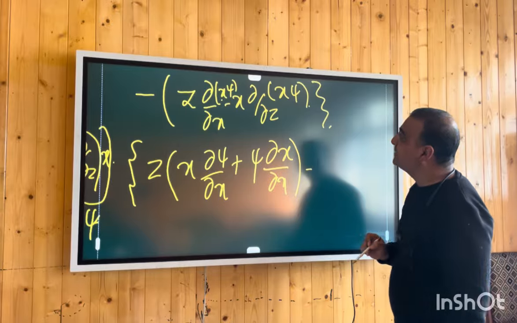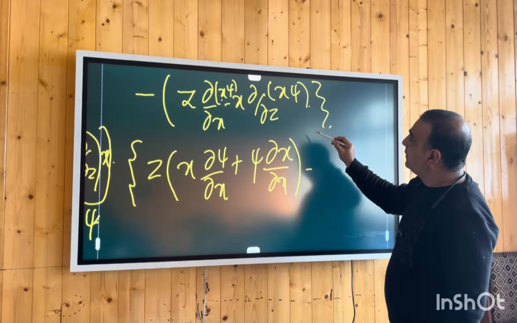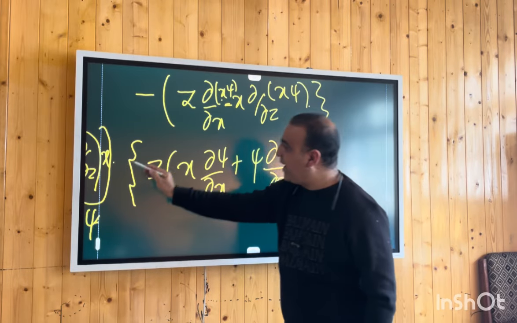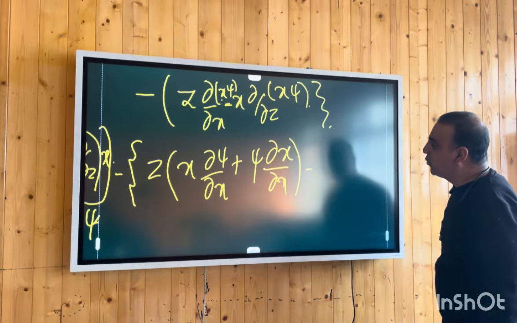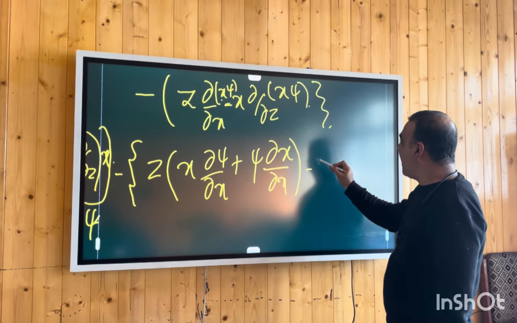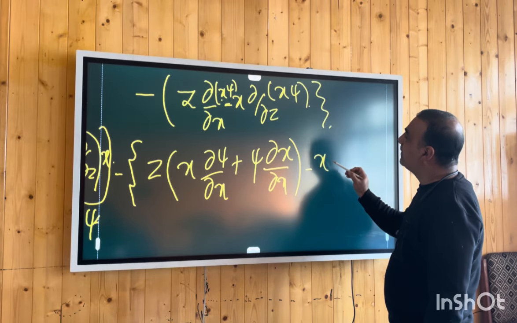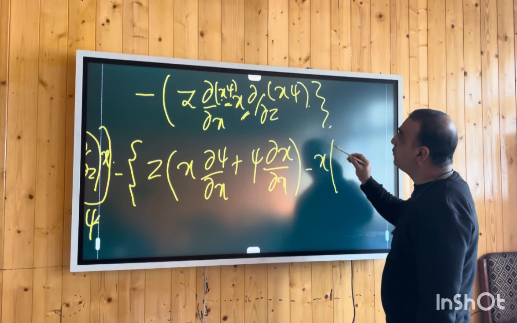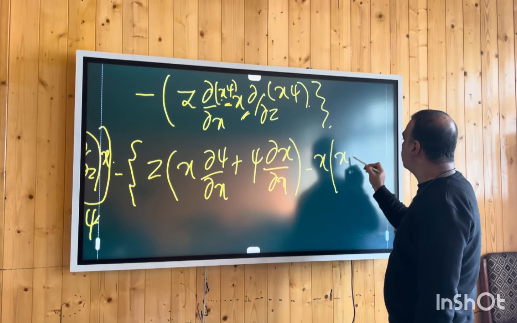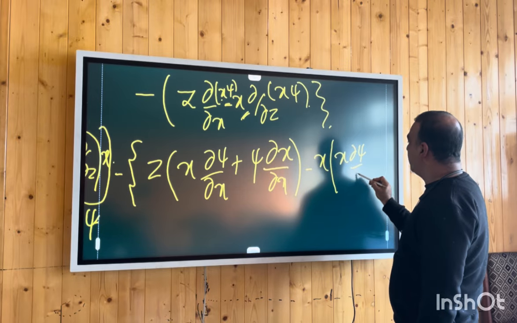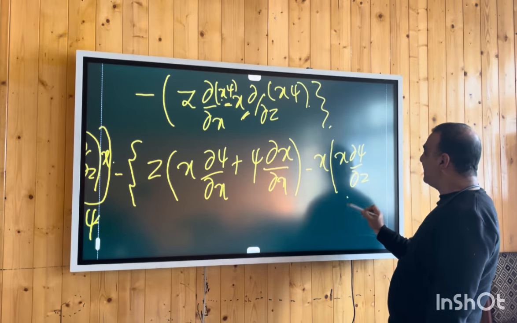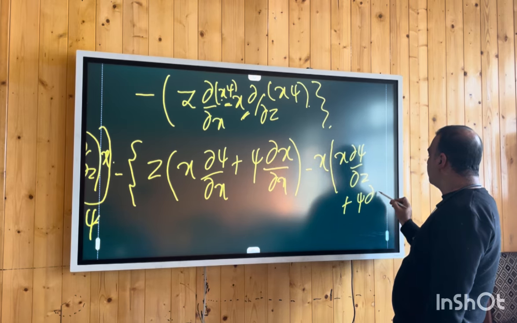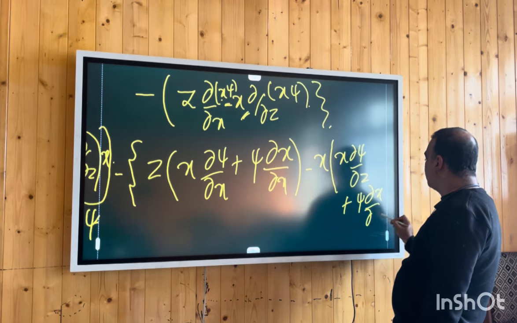Now you will have a minus, and x. This minus is already existing inside, so outside you have an outside minus. So here you will have x outside, then x ∂psi/∂z, you already have an x. So you will have x x ∂psi/∂z plus psi ∂x/∂z.